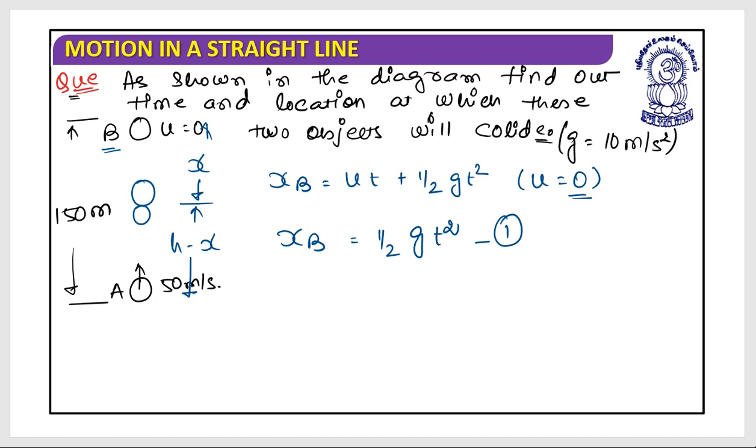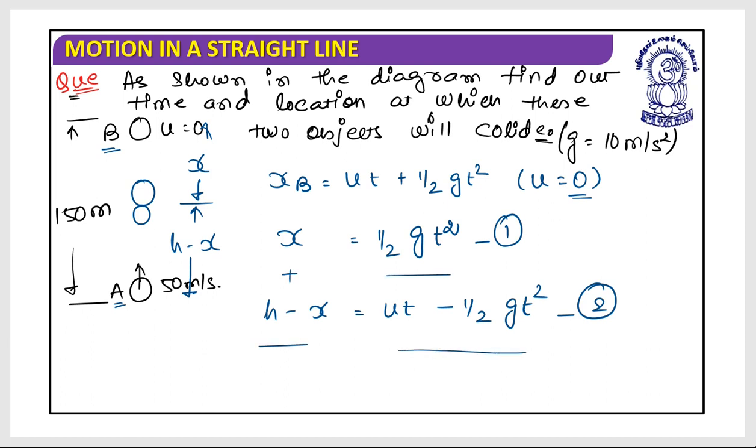I assume that xB is equal to x. So let's write it out here. This is x only. Now what should be the relation for A? It is h minus x is equal to ut minus half gt square. This is relation number 2. Yes. So if I add these two, what would be the relation?